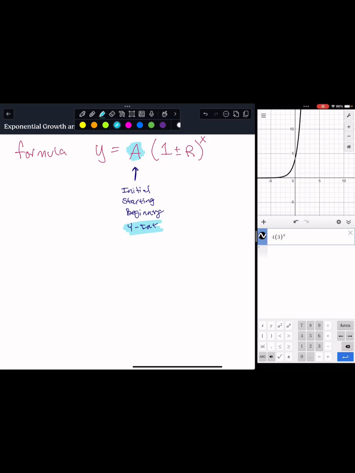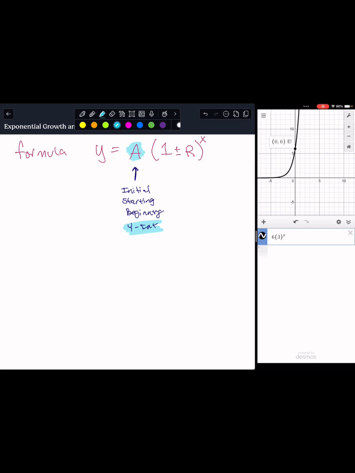Now, if I change that number in front to 2, the dot changes to 2. If I change that number in front to 6, the dot right there, the y-intercept, is now 6. So no matter what happens in my equation, the front number is always your starting point. It's always your y-intercept.